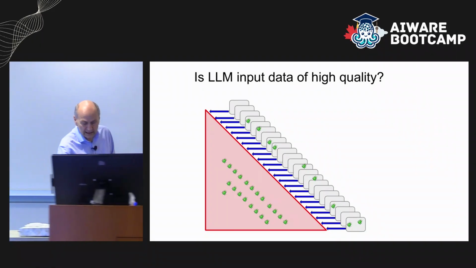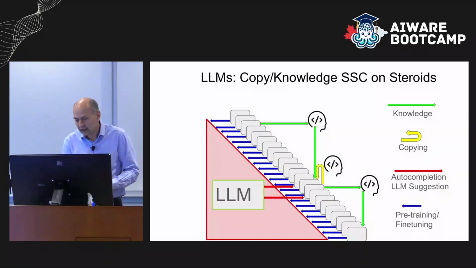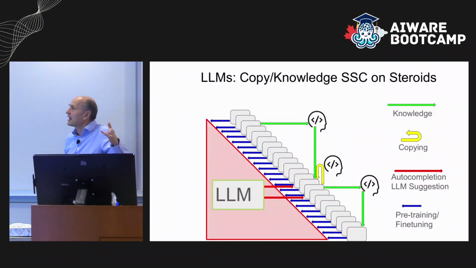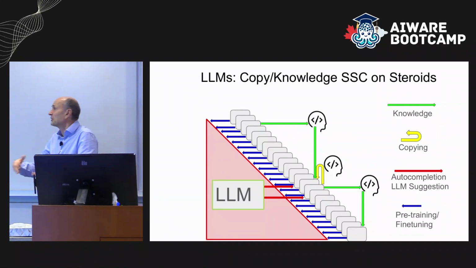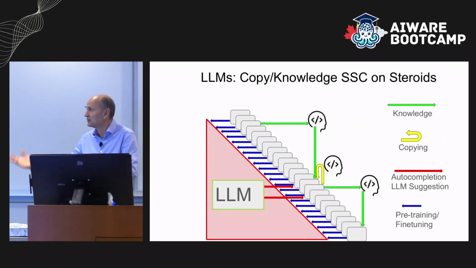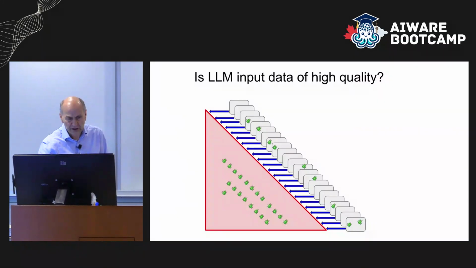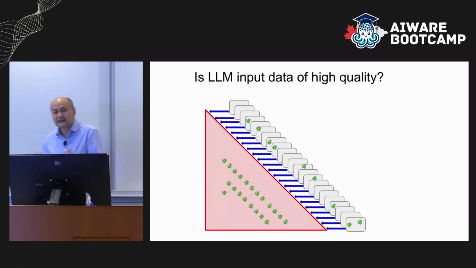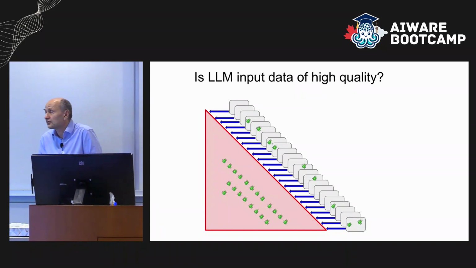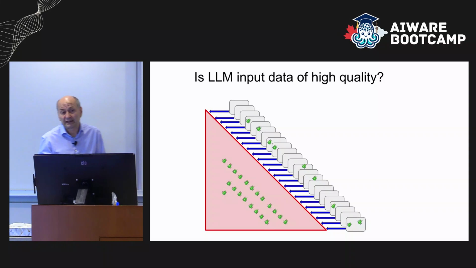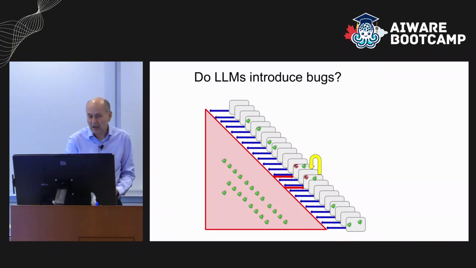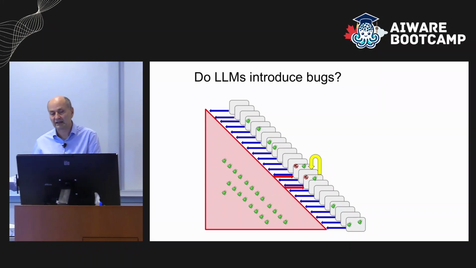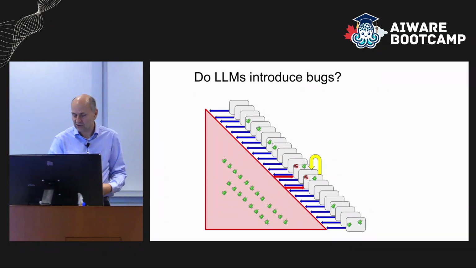If we go back to this picture, you can see that now it's taking everything and producing some summary of everything in pieces, and we still have the original complexity of the supply chain, where pieces could be depended upon, reused, and learned from. So is LLM input data of high quality? Of course, we'll look into that, but some of it contains bugs. Obviously these bugs are learned as patterns, then maybe suggested and introduced back into the code, and perhaps copied and so forth.